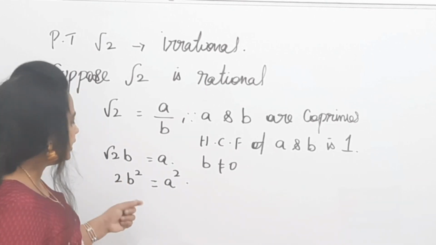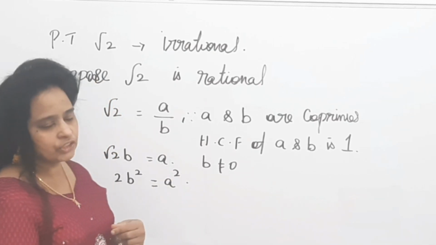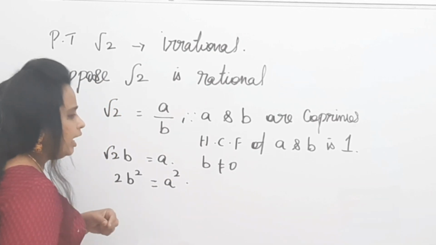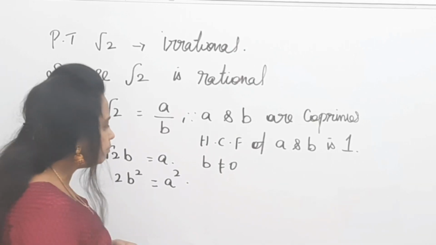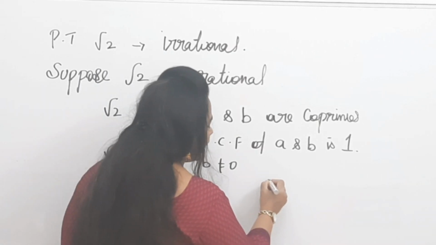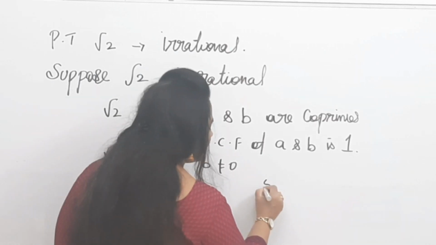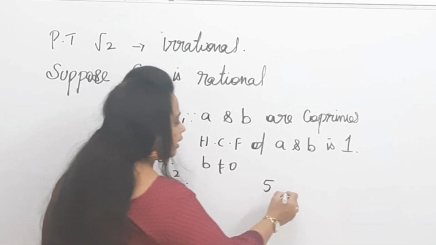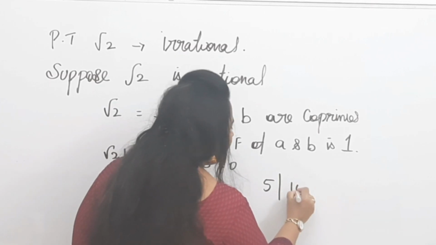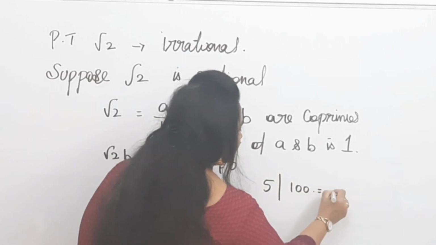Now, you can see here 2 is a factor of a square. We know the theorem. Before going to the theorem statement, I want everyone to understand this concept. Suppose I have a prime number, say 5. If this number 5 divides a square, now I take the number 100, which is nothing but a square.